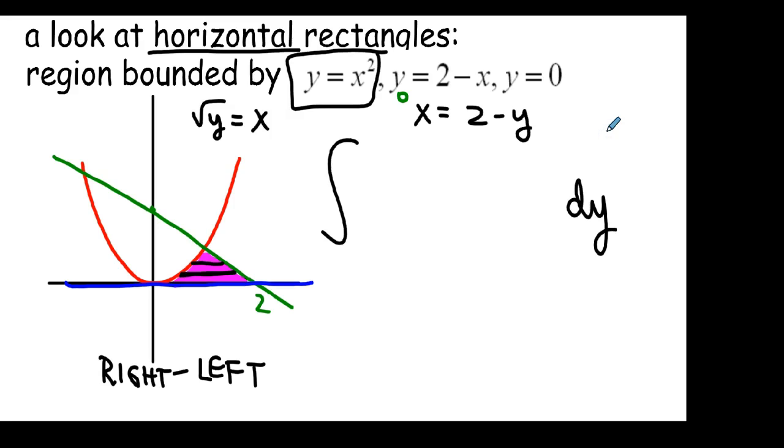So when you use the green line for the right-hand side of the rectangle, you're going to use it in terms of y. And when you use the red curve, you will use it in terms of y. So that's right minus left.